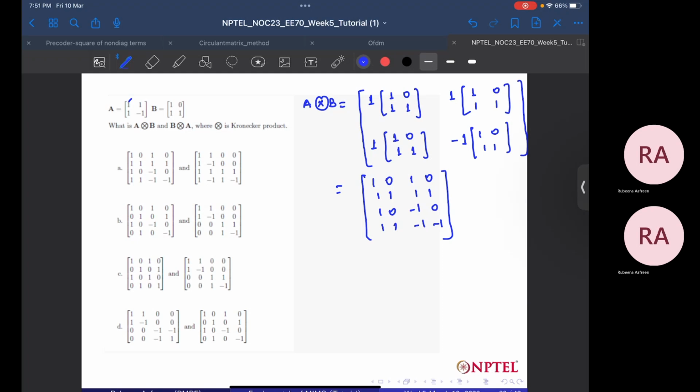Now we calculate B Kronecker A. This will be equal to the first term of B times 1 1 1 minus 1. Then again here it will be 0 0 0 0, right?